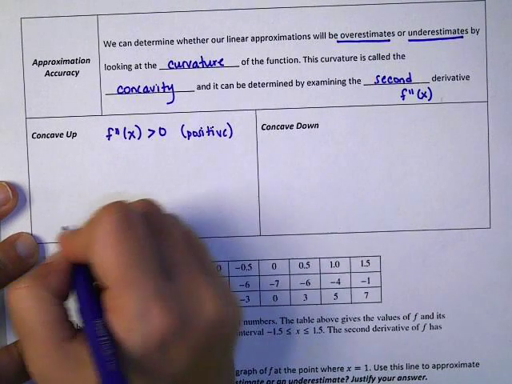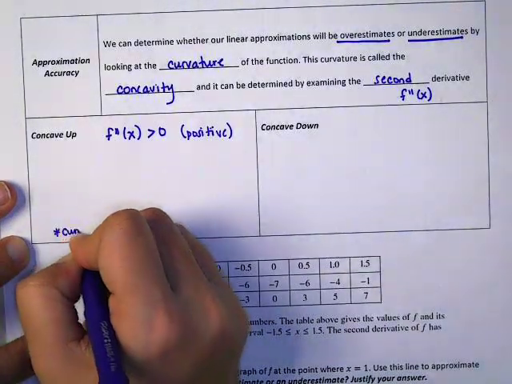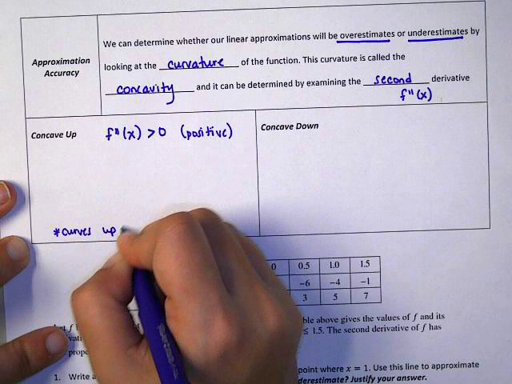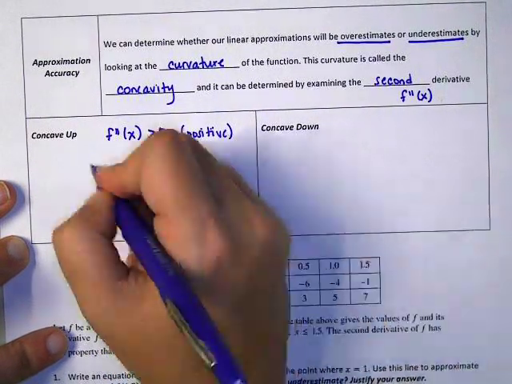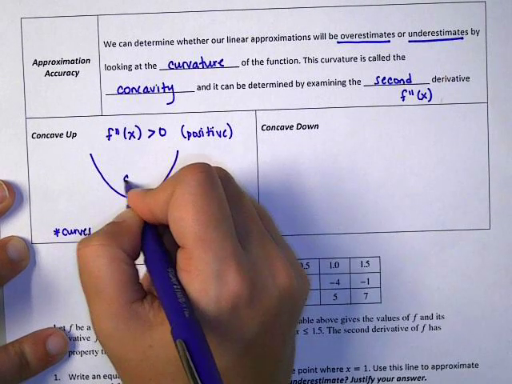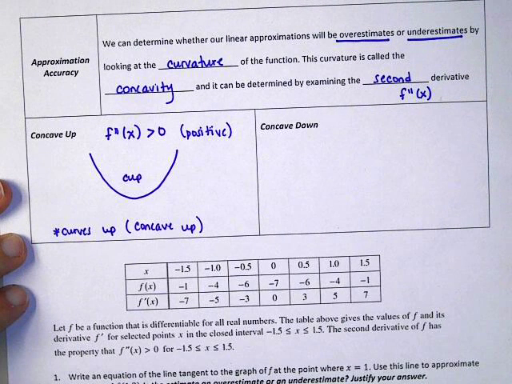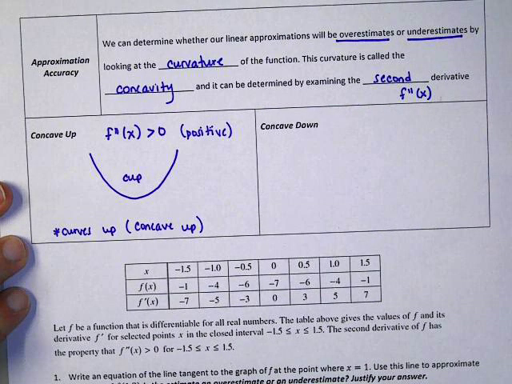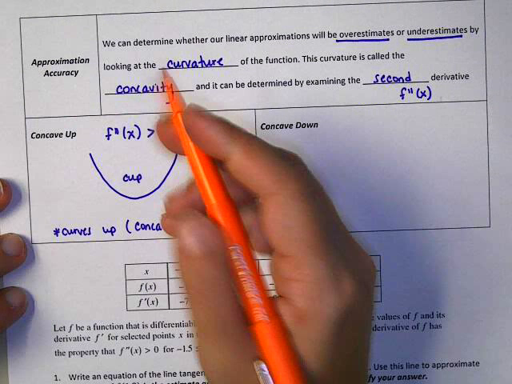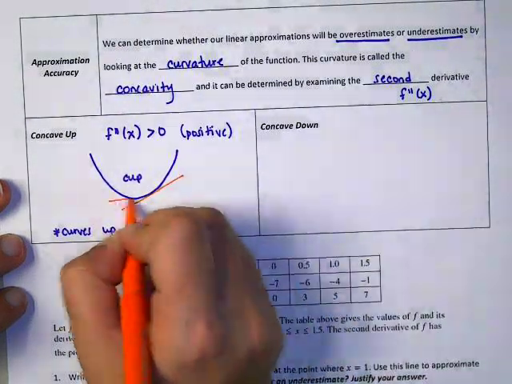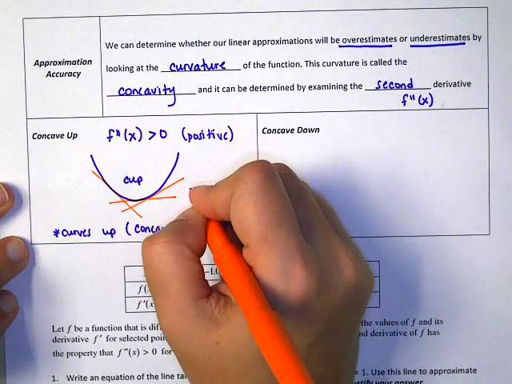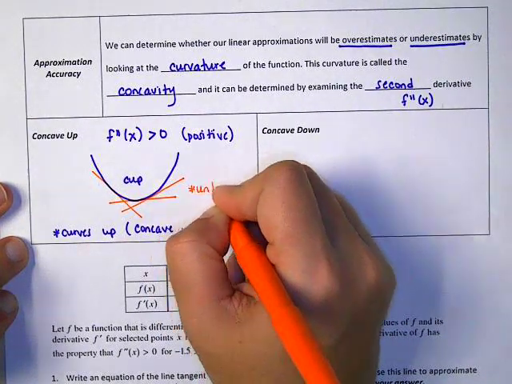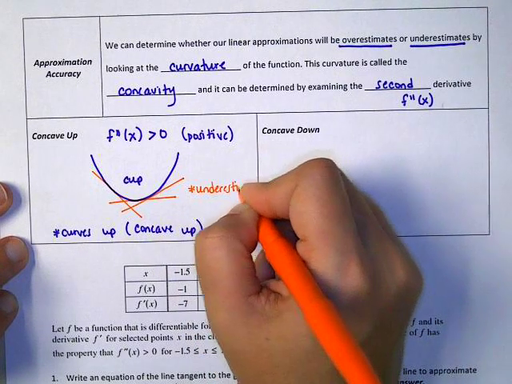So we say that this curves up, which we call concave up, which we say looks like a cup. So whenever your concavity, your second derivative, is positive, your graph looks like a cup. It's always curved up. When that happens, all of your tangent lines will always be below the curve. So all of our estimates will be underestimates. They're all going to be below the real number.